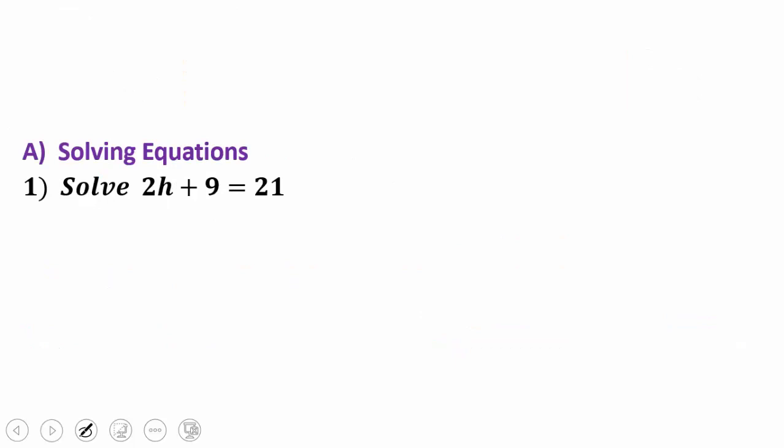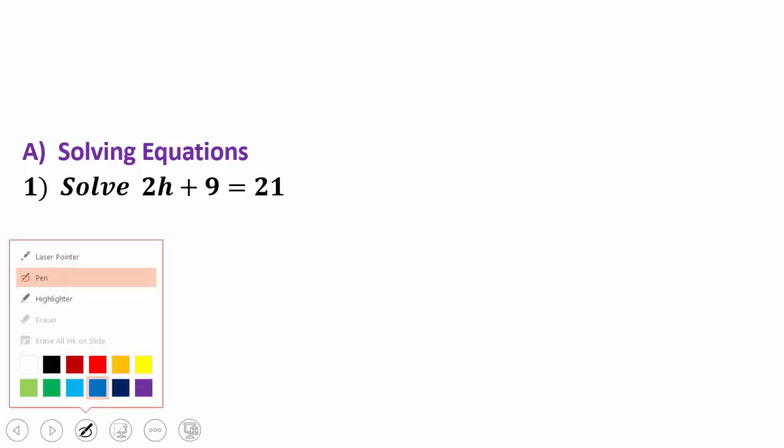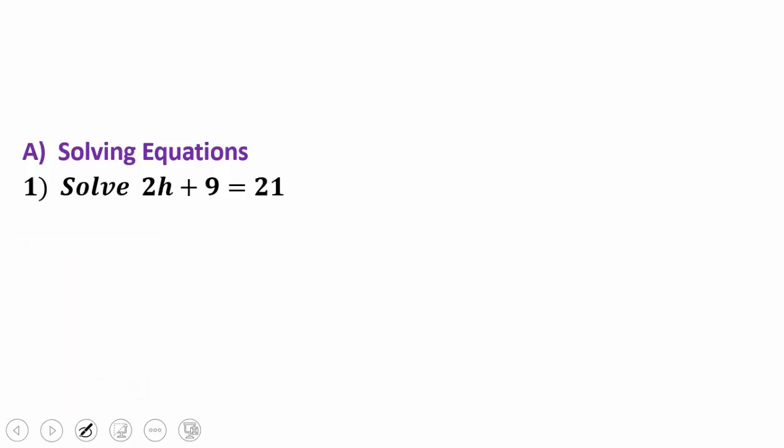Solving equations. The first one, 2h plus 9 is equal to 21. Now, ladies and gentlemen, here's where it's so important when we were writing down what was happening before. If I follow the order of operations, if that 21 were not there, we would multiply by 2 first. So that variable is multiplied by 2 first because multiplication comes before adding the 9. So we are multiplying by 2 and then we're adding 9.